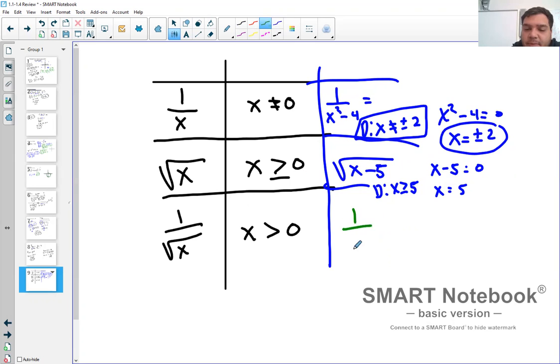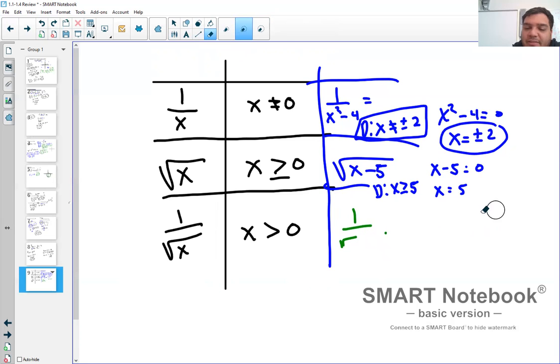And then the last one, 1 over the square root of x squared minus 9. So here we try to figure out where x squared minus 9 has to equal 0. Oh, actually, no, let's not do that one, because actually that causes an inequality.